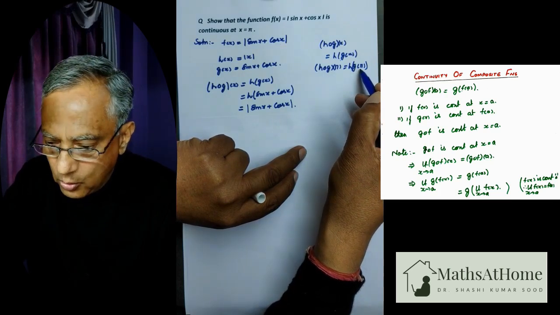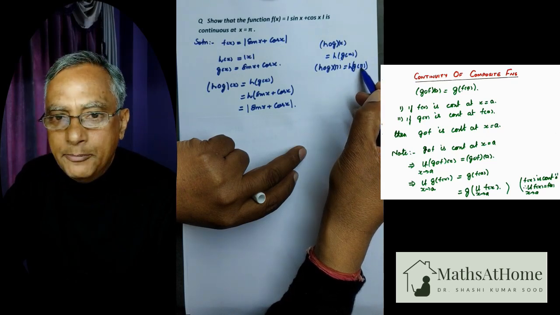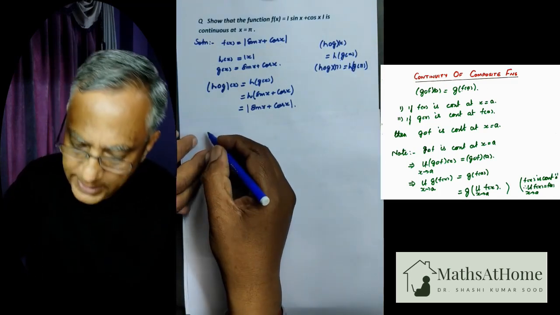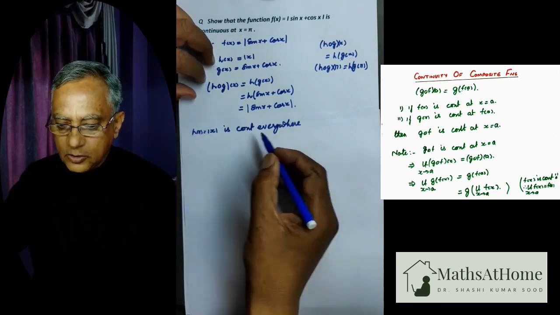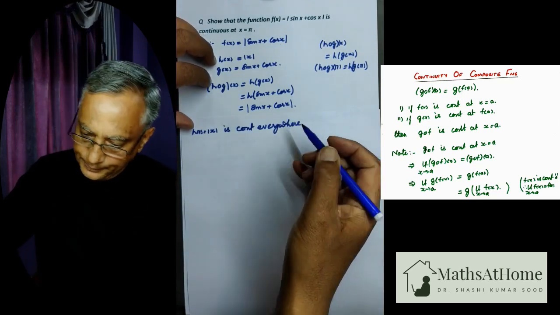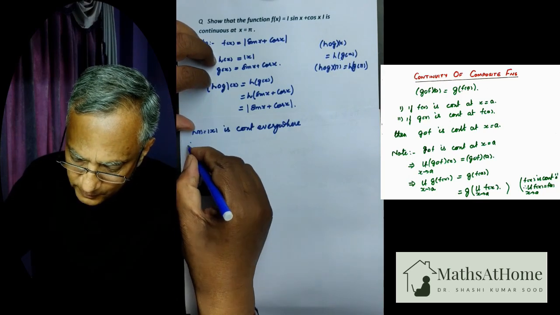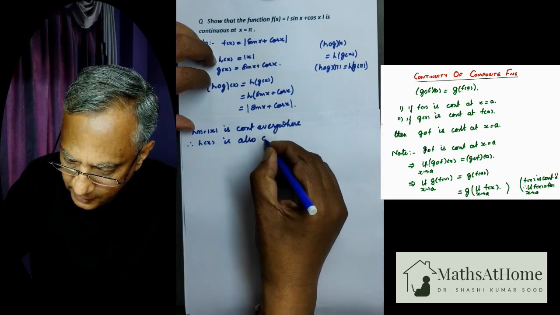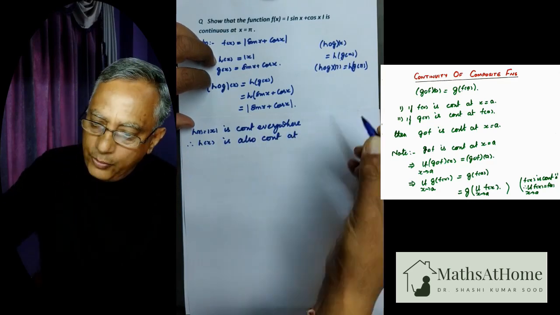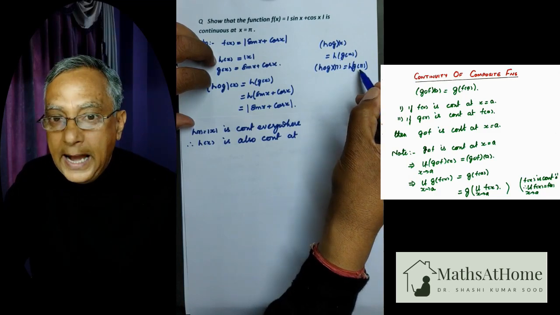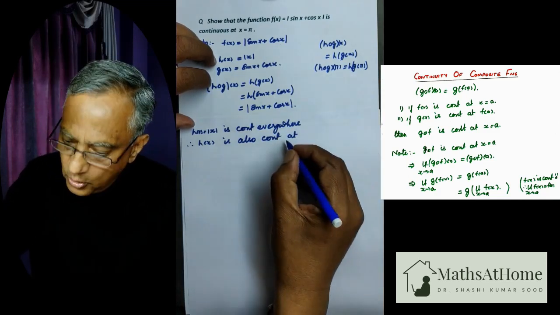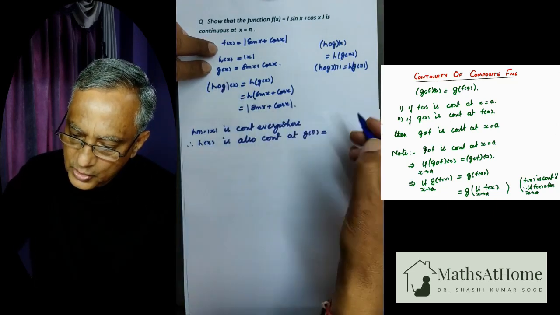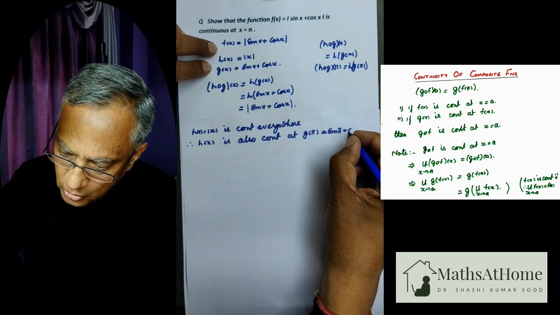So what we require is continuity of g at pi and continuity of h at g(pi). Now what we see is that h(x) equal to mod x is continuous everywhere, and therefore it is also continuous at g(pi), where we require the continuity of h. g(pi) is sin pi plus cos pi.